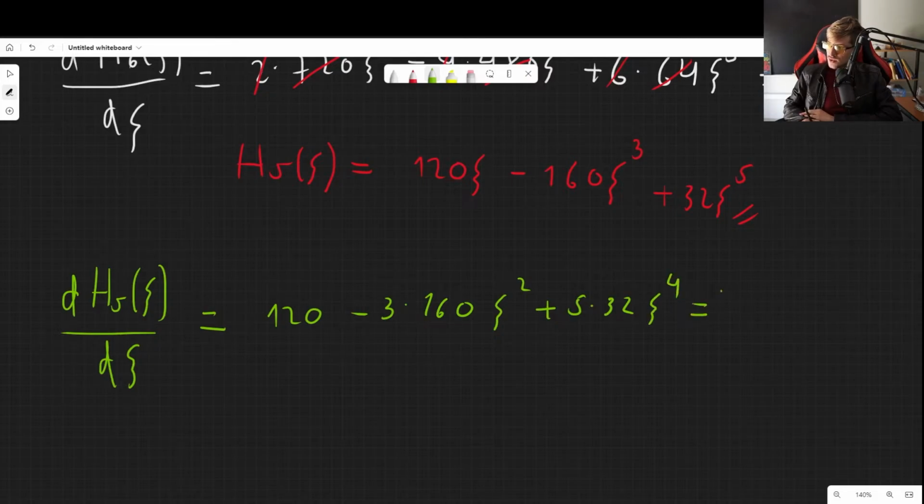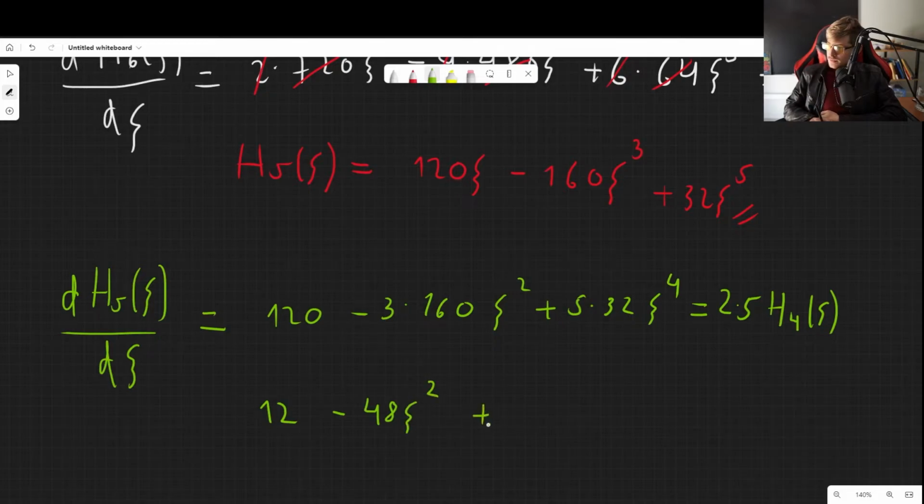And this has to be equal to 2 times 5 times h to the n minus 1, which is 4. Kind of looks like a 9, I guess, so maybe I should be more careful. Okay, so basically now we divide this thing by 10, so we get 12 minus 3 times 16, which is 48.